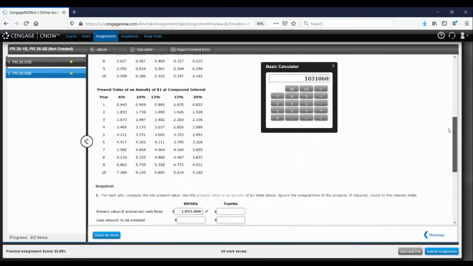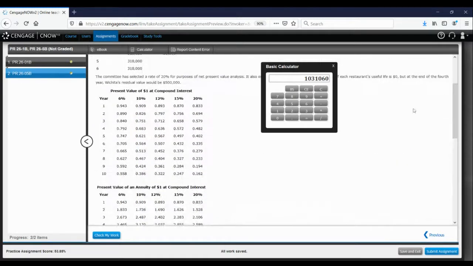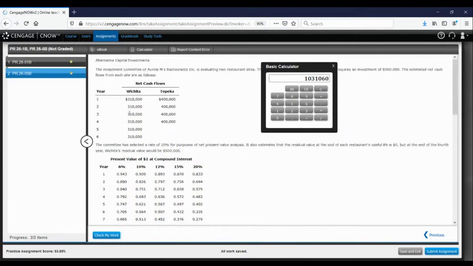Now, class, be careful here. When you're using the present value of the annuity table, you only have to multiply one time to find the net present value because all of these amounts for Wichita are equal.